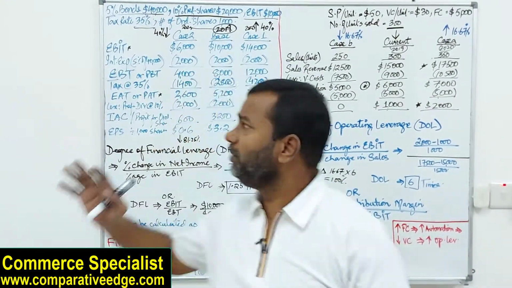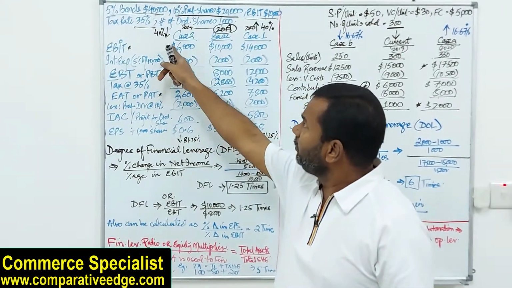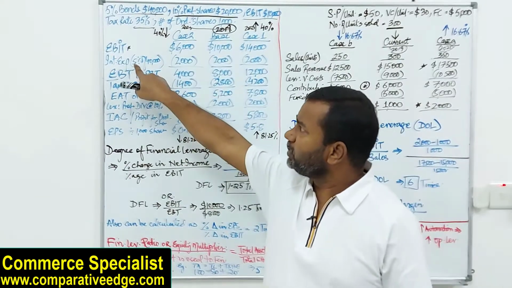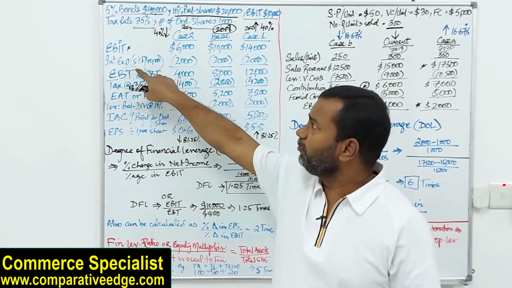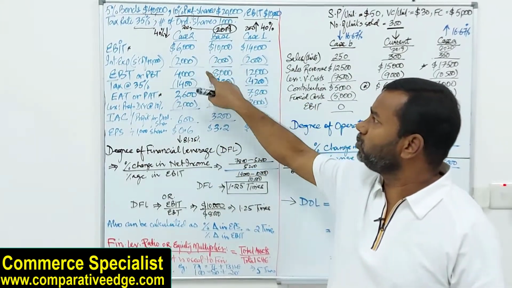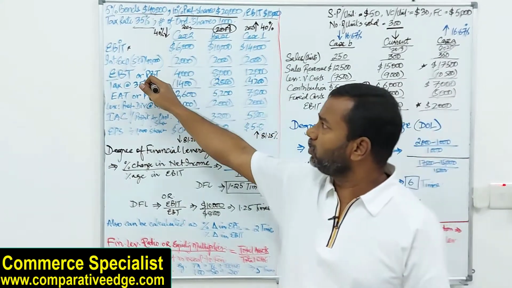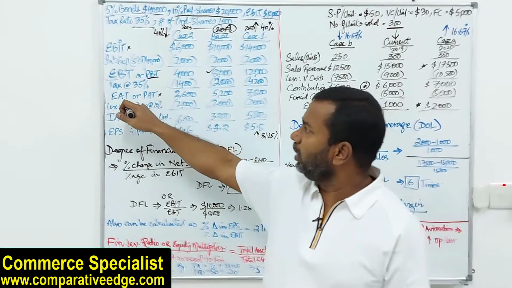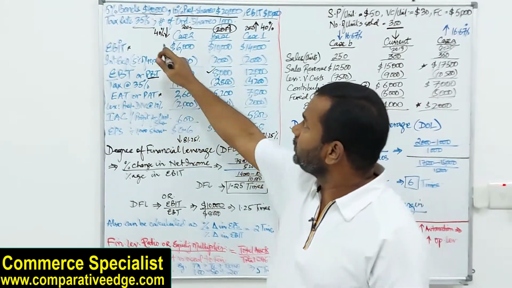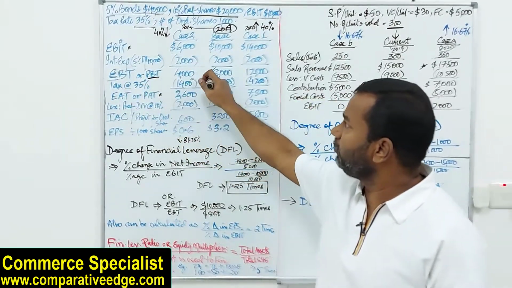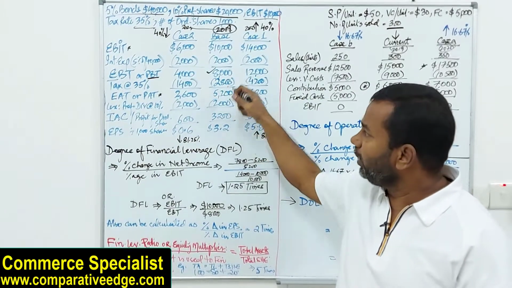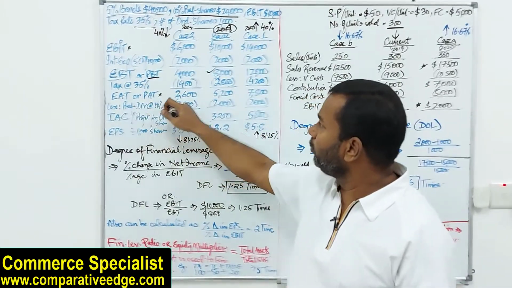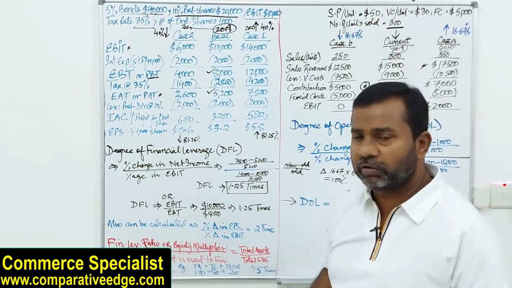And your interest is 5% on 40,000. So 5% of 40,000 makes 2,000. So 10 minus 2 will give you earnings before tax, or you can also call it profit before tax, which is 8,000. Then you subtract tax at the rate of 35%. 35% of 8,000 is 2,800. You subtract, you get profit after tax, which is 5,200.